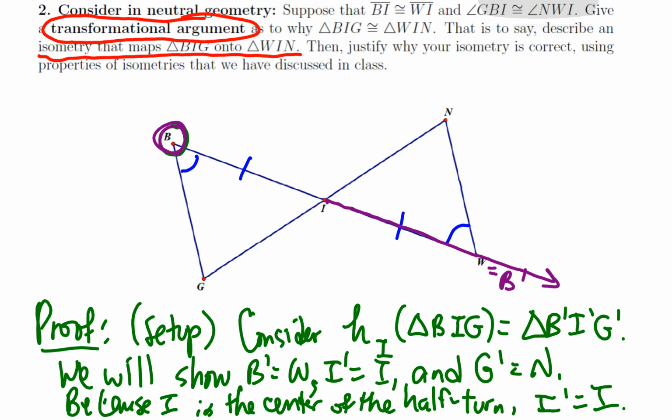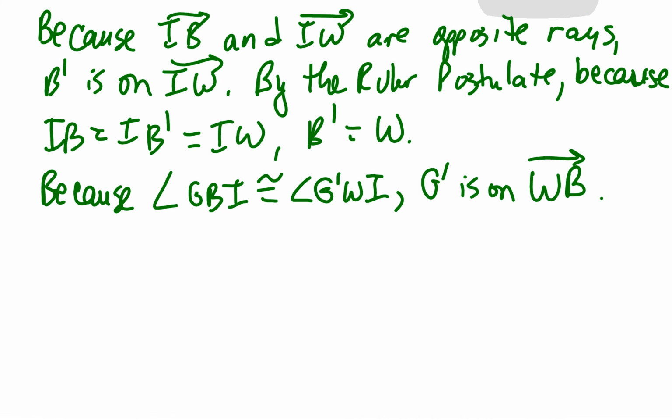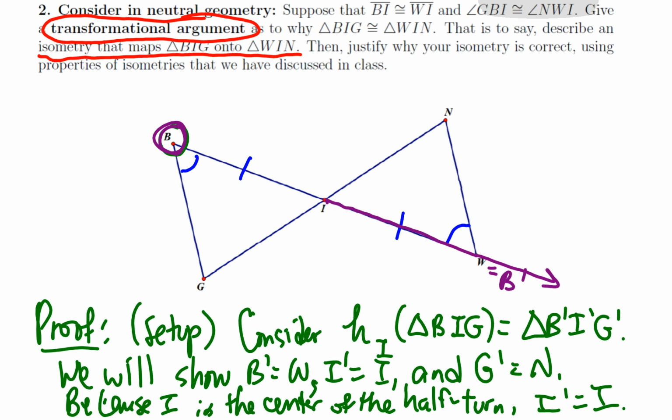It's not true. It's WN. Oh, sorry. It's on ray WN. That's what I get for not taking a look at the picture carefully. G prime is somewhere on this ray. And it has to be because protractor postulate part 3 says there's only one ray that makes that angle. There's only one ray in this half plane that makes this angle, so G prime is somewhere on the purple ray.